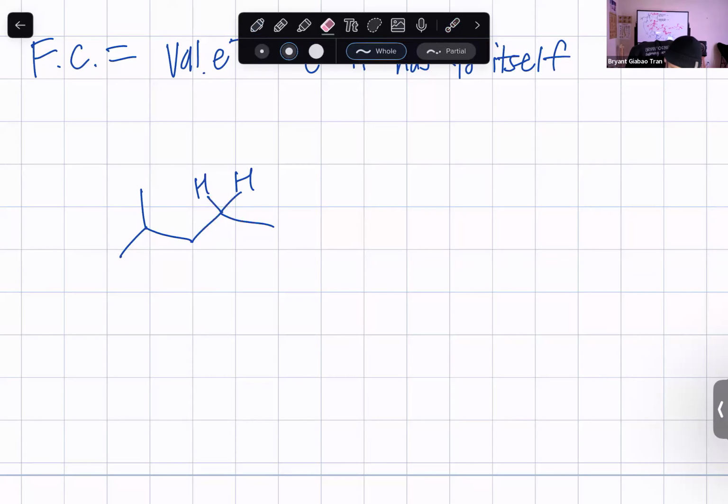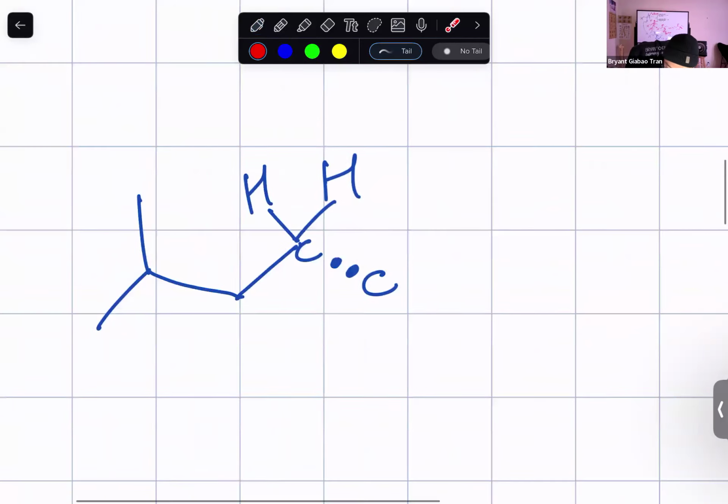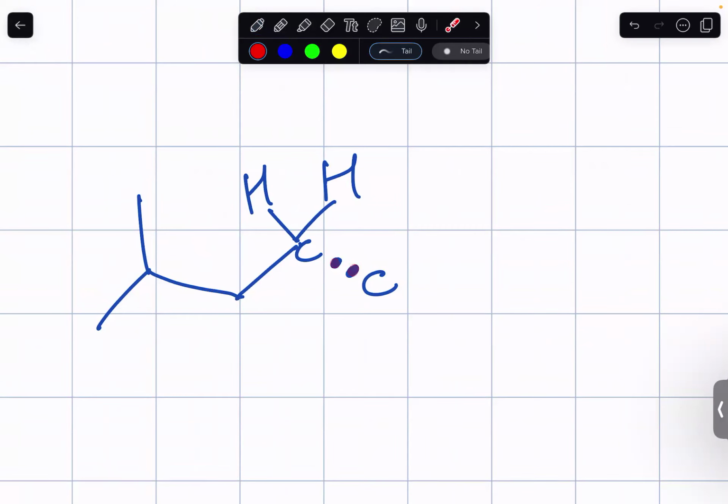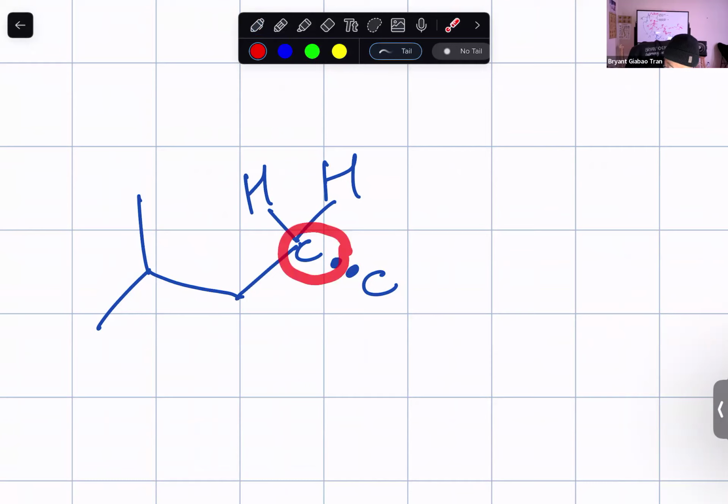We know that this bond is a covalent bond, which is shared. So I'm just going to draw out the carbon like this, and draw out the bond electrons like that, as if there was a bond between those 2 carbons. Does that make sense so far? I'm just drawing out the electrons in that bond. One electron of the bond belongs to that carbon, and the other electron belongs to that carbon.